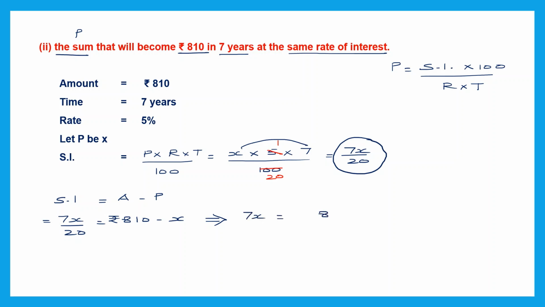On the right hand side I have 810 minus x. Now I'm going to transpose this 20 from the left hand side to the right. So it's going to become multiplication. So when I multiply, I need to multiply both these by 20. So this will become 7x is equal to 20 into 810. Let's multiply 810 into 20.